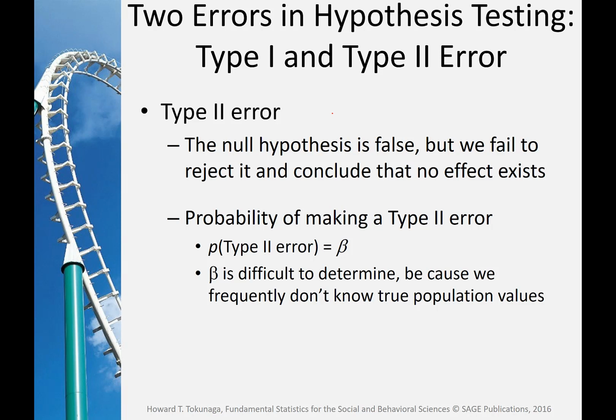We don't actually know what beta is because we don't know the true population values. So we don't really have anything to compare it to. But it's beta. It exists. It's a thing. It's out there. We've named it, therefore it is.